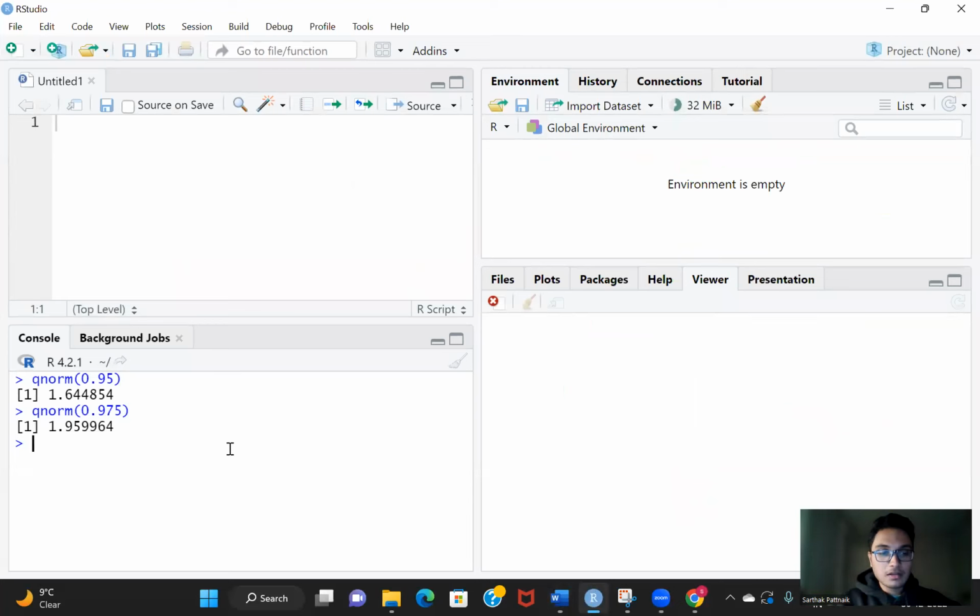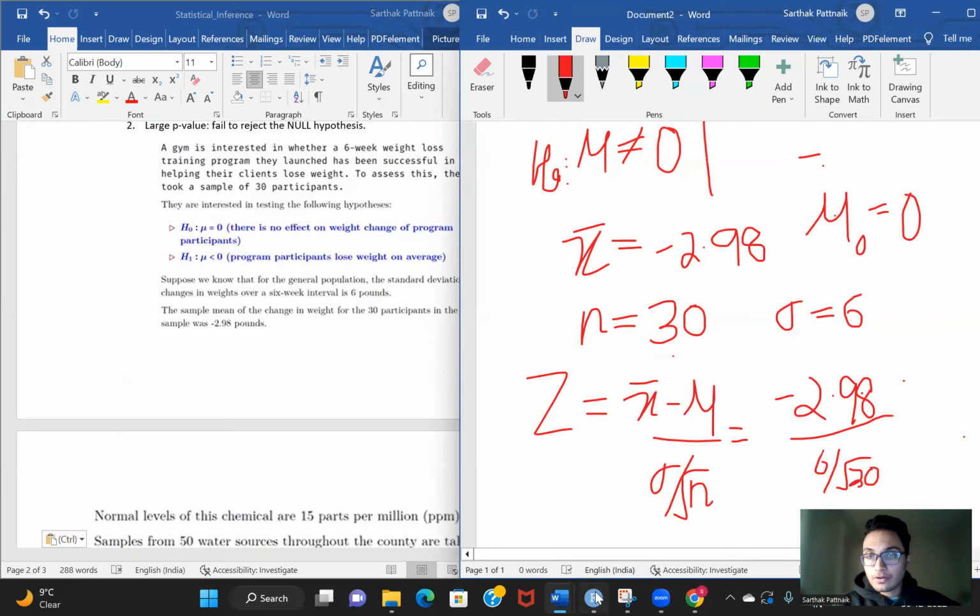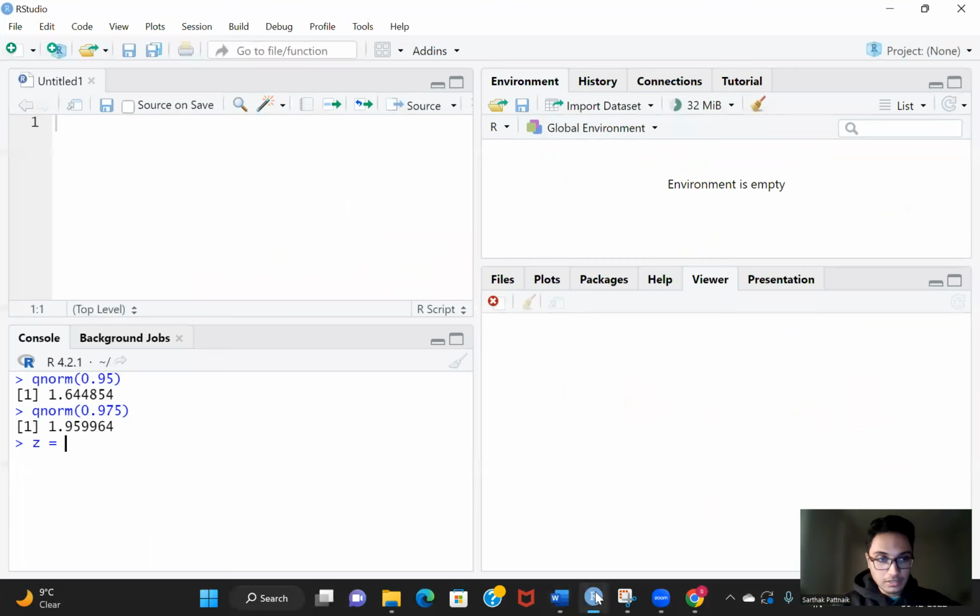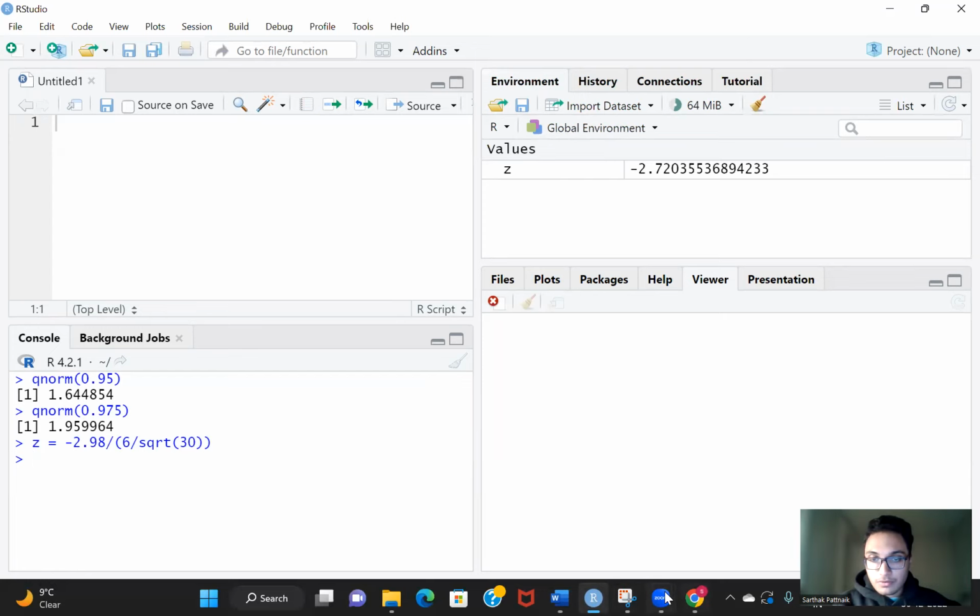I'll pull up R, and using R I'll calculate my z value. So this is another benefit of the R console, it can be used as a calculator. So we have minus 2.98. You divide that by 6 divided by sqrt, which is square root of 30. You get the Z value as minus 2.72.